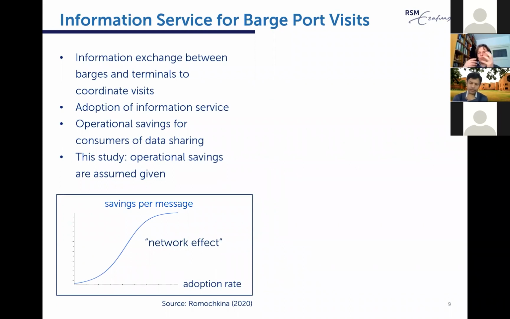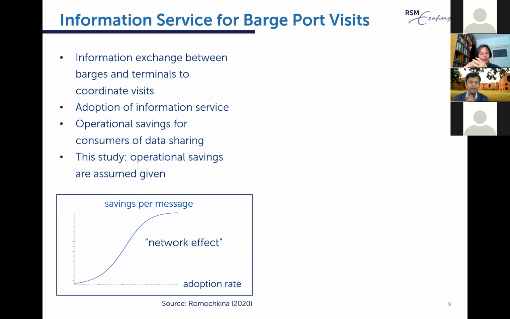There could be other values, but let's stick to those for the moment. In this particular study, we took those operational savings as a given. But anybody who has looked at, for example, vehicle routing or barge rotation type of problems might think about how to actually construct such savings.